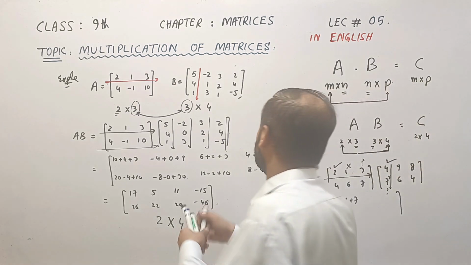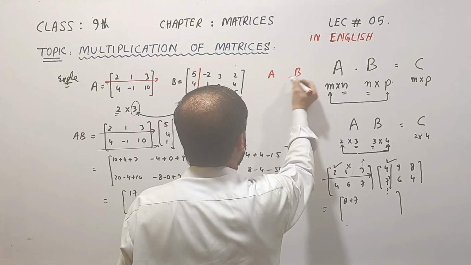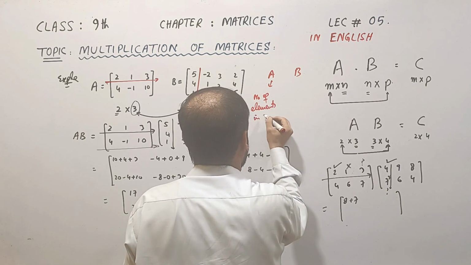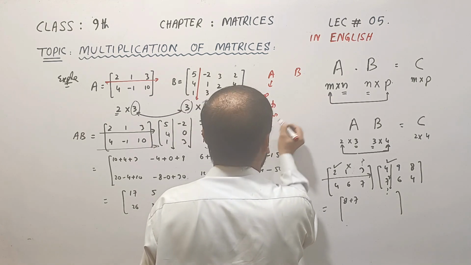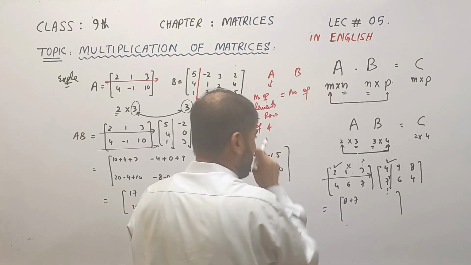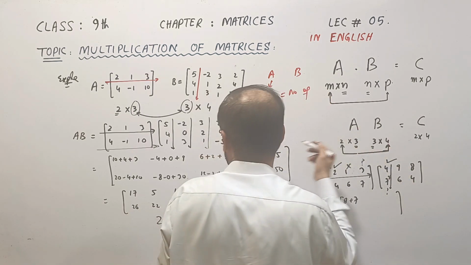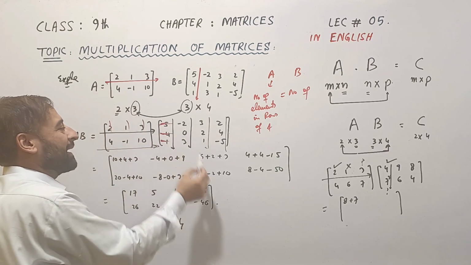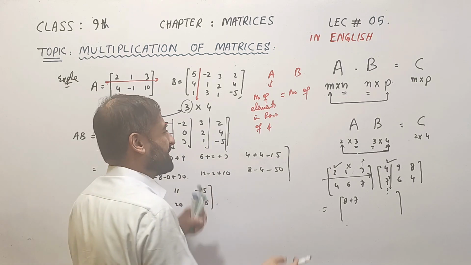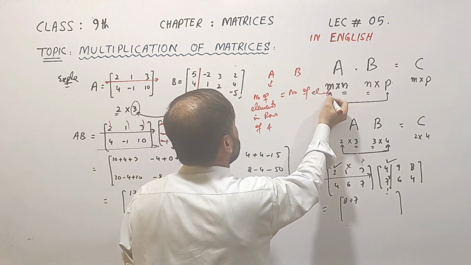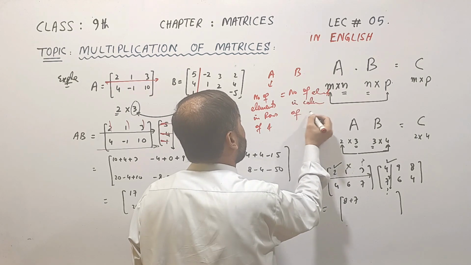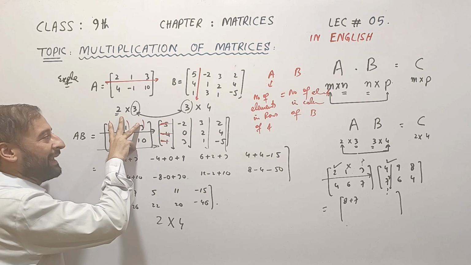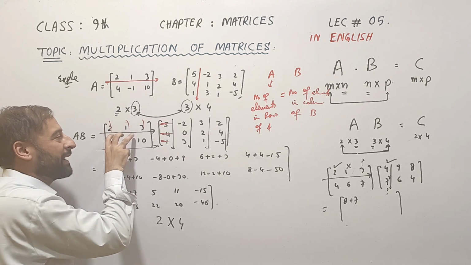You could also say that number of elements in rows of A must be equal to number of elements in columns of B. Here we have 3 elements in a row, and in the second matrix we have 3 elements in the column. Number of elements in a row means number of columns. Like there are 3 elements in a row, it means this matrix has 3 columns.